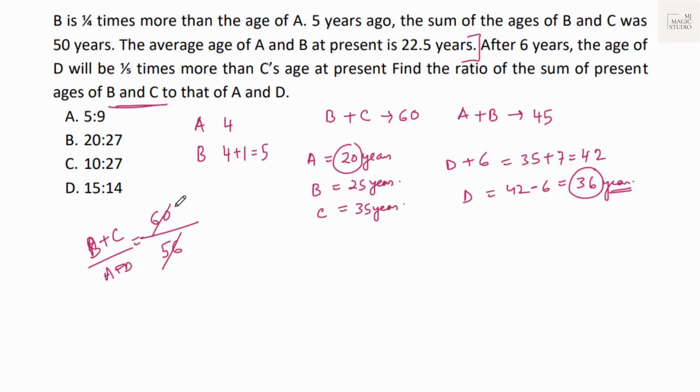If I cut this by 4, 4 15s are 60 and 4 14s are 56. So the ratio we are getting is 15 is to 14. Option D is the pick. Read, write, solve. That's the only way to solve age-related ratio and proportion questions.